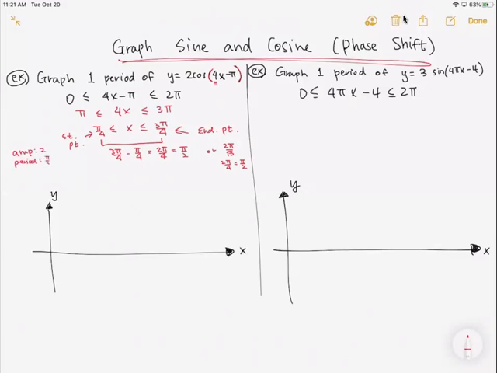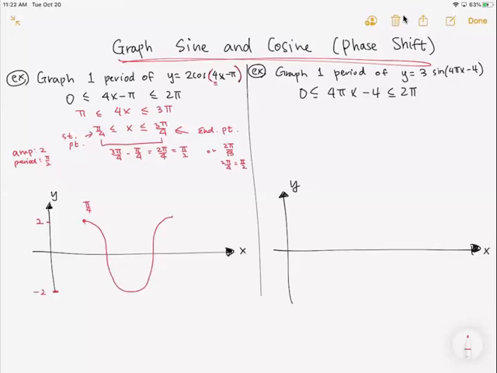Period is pi over 2. And we know that we have to start at pi over 4. And our highest point, because of amplitude, will be 2. And our lowest point, the minimum, will be -2.